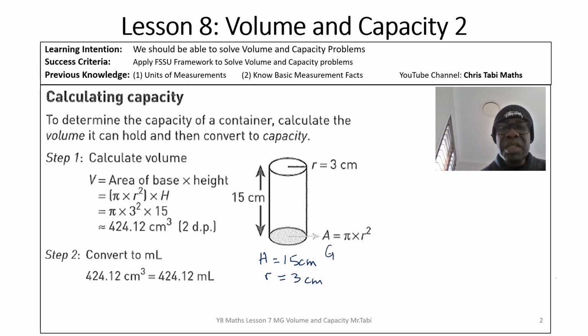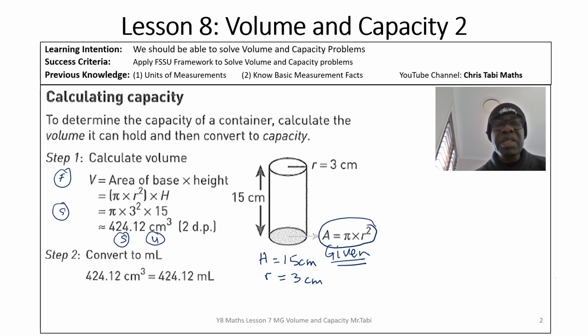These are the things which are given. And we know that the cross-sectional area is a circle, and so that will be pi r squared. So again, we start with the volume formula, and then we do the substitution, and we simplify and units. Let's remember to apply these principles.